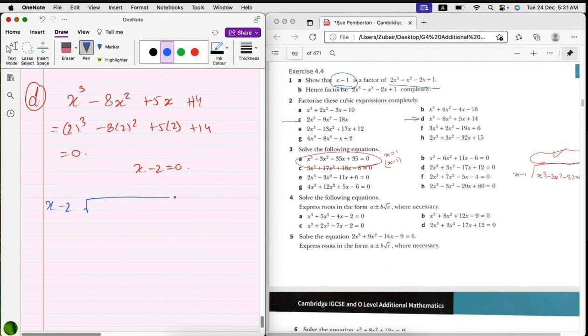x minus 2 into x cube minus 8x square plus 5x plus 14. So with x square, I'm getting x cube minus 2x square, plus minus minus plus. This is minus 6x square plus 5x plus 14.